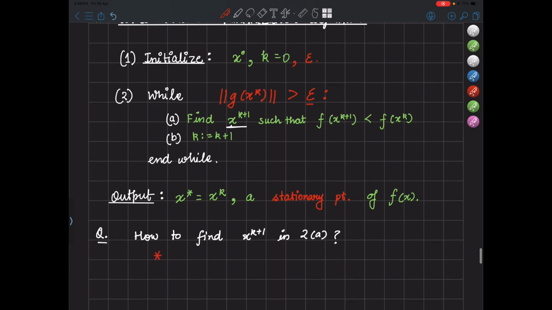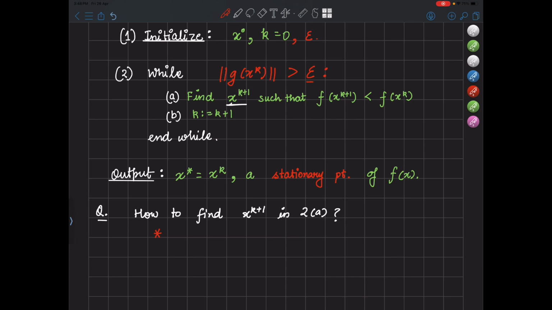We'll answer that now. The first thing is to find a descent direction dk for the function f at the current point xk. Second, once you find the direction, you take a small step in that direction.